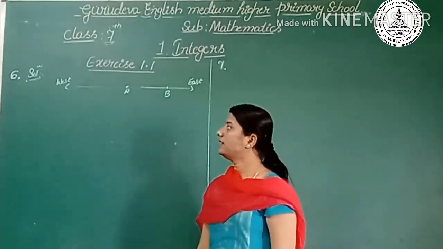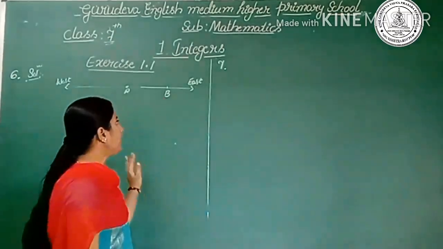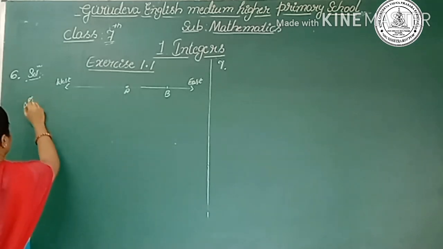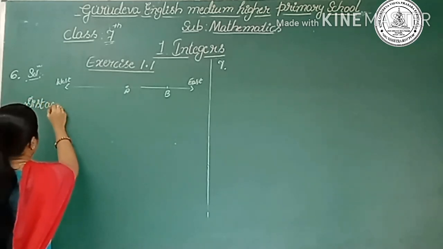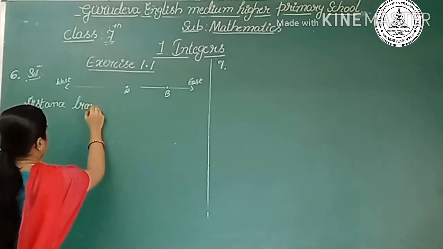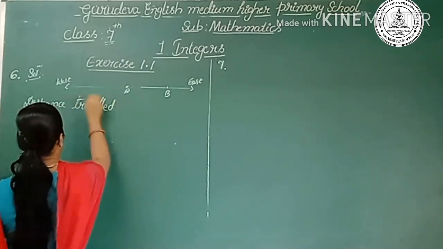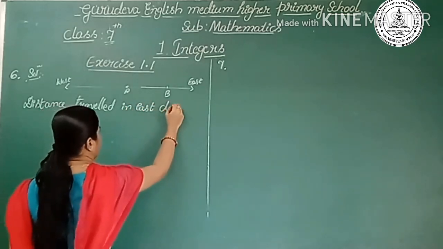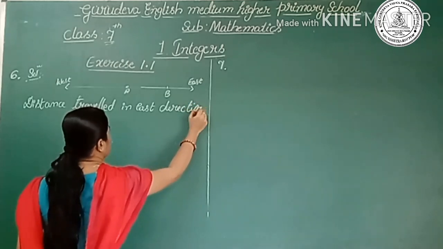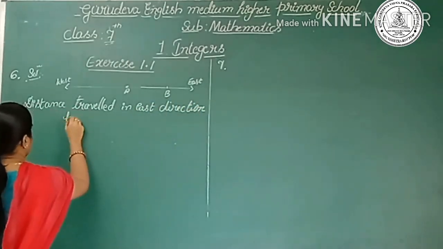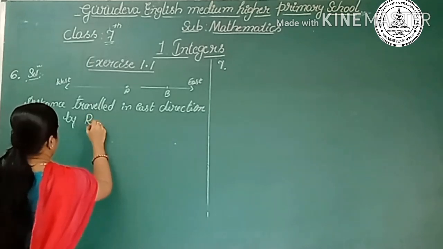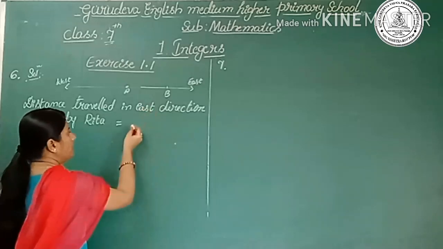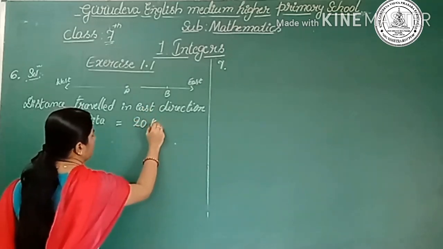So first write down the distance traveled by Rita in east direction. She traveled from point A to point B, that is 20 kilometers.